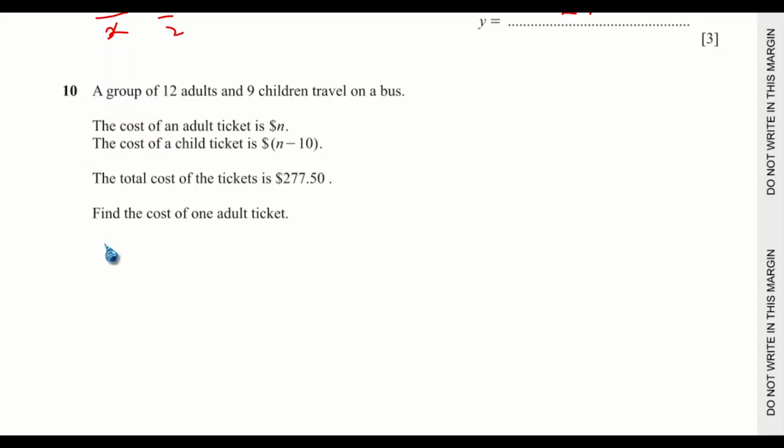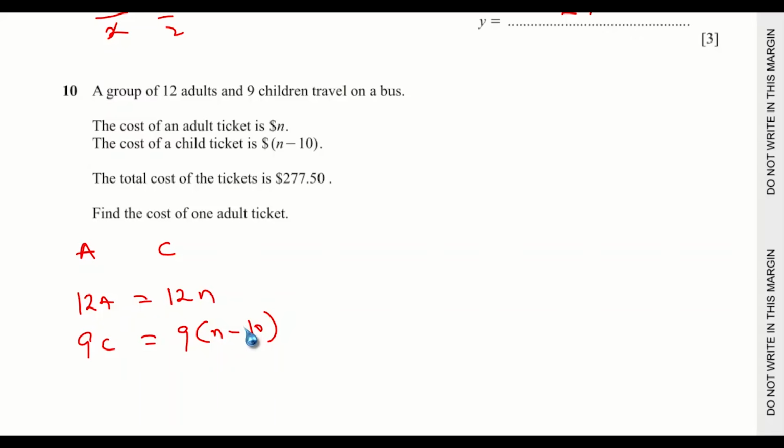Let's denote the adults by A and children by C. The cost of one adult is $n. That means 12 adults will cost 12n. Then we have 9 children, so that is 9 into n minus $10.